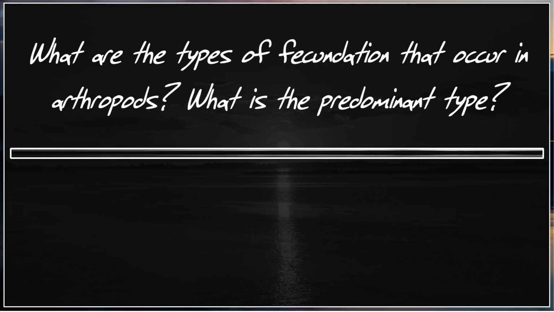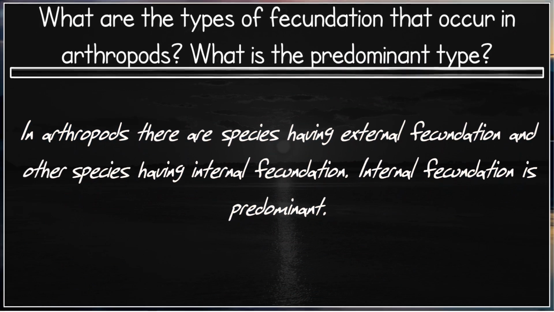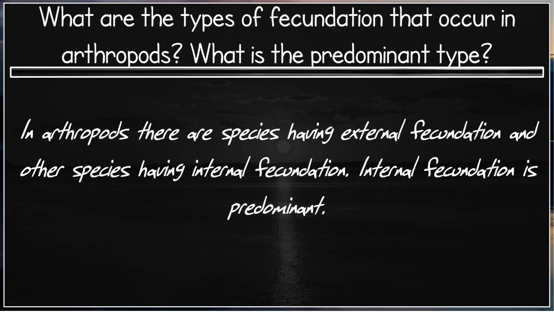What are the types of fecundation that occur in arthropods? What is the predominant type? In arthropods, there are species that have external fecundation and other species that have internal fecundation.